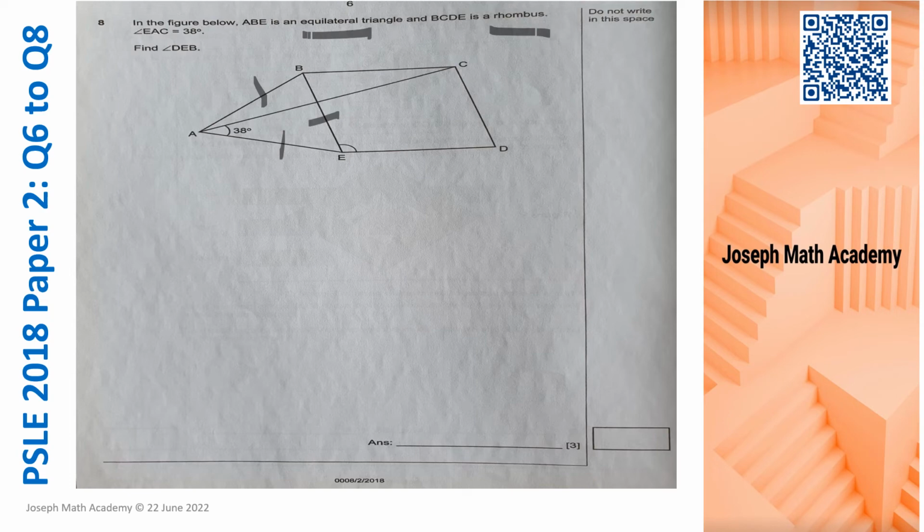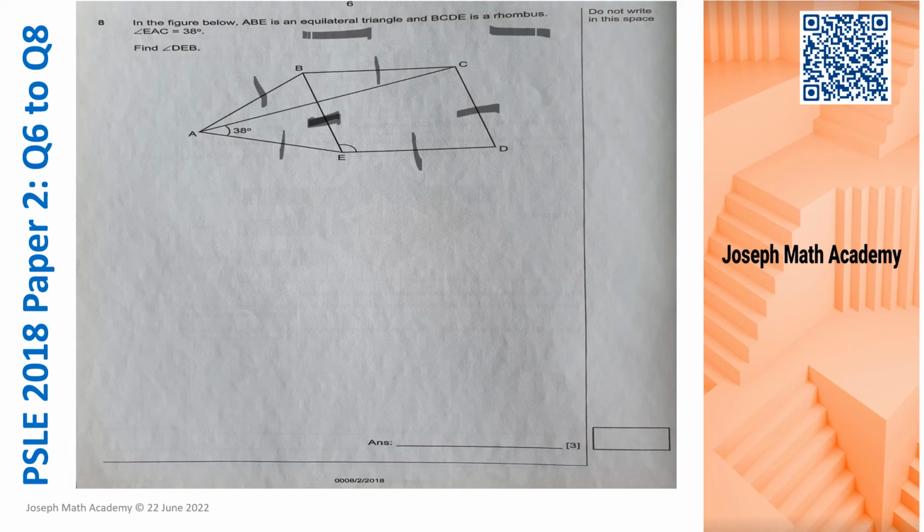Okay, pardon my drawing, it has been distorted, that's why it doesn't look like a rhombus. But we follow the question. So the rhombus has 4 equal sides, so 1, 2, 3, 4. So we can conclude that all the lines are equal.